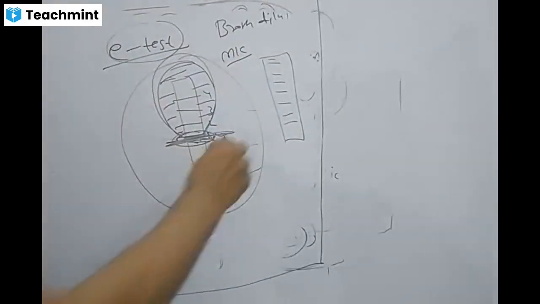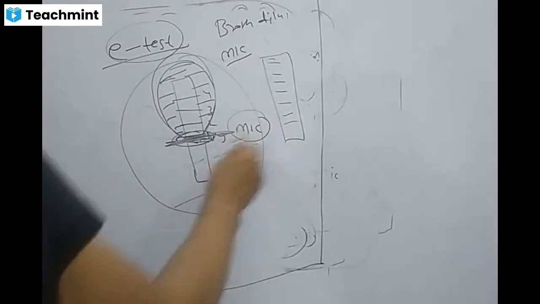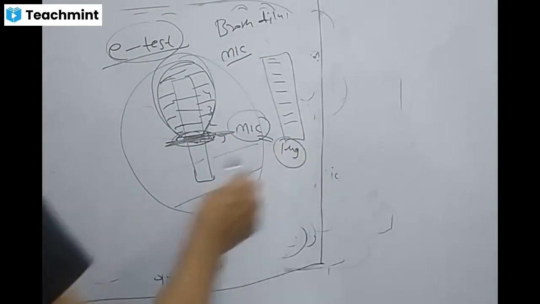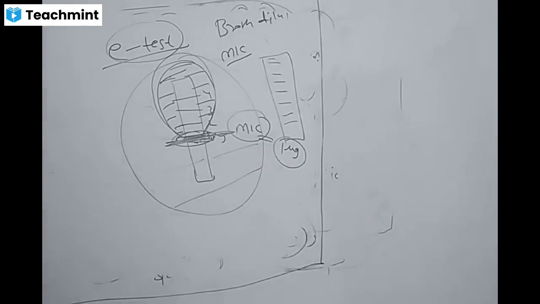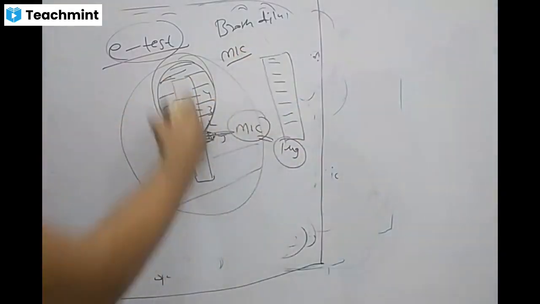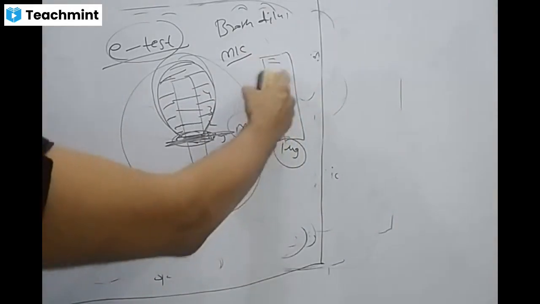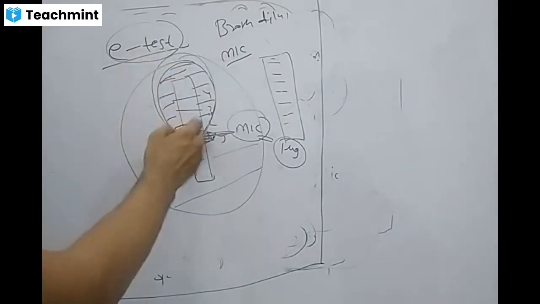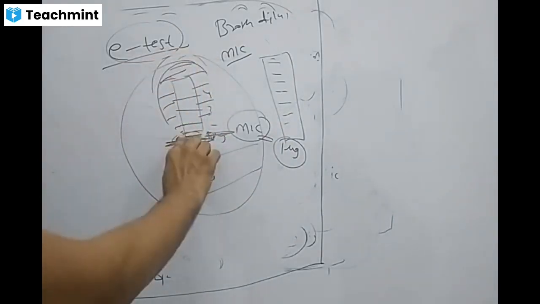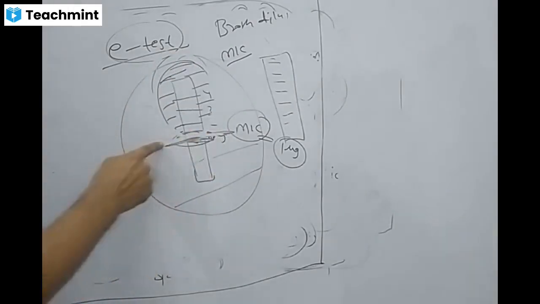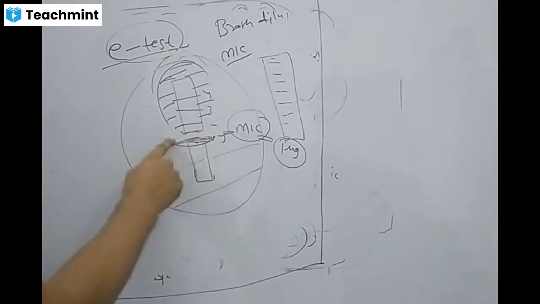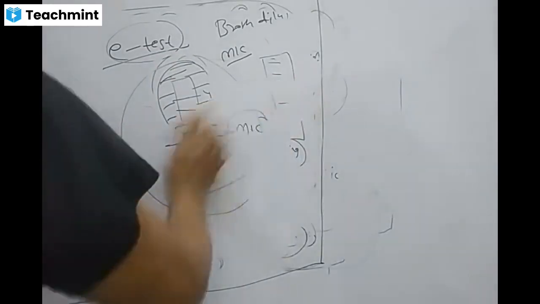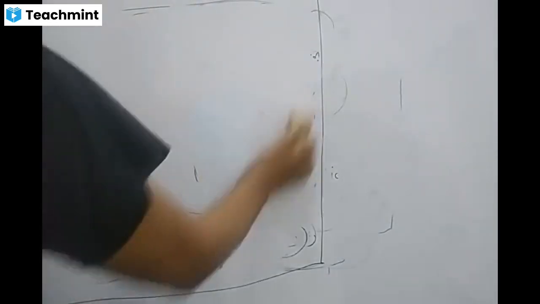Suppose the MIC is 1 microgram. This is a simple E-test where we impregnate a strip with antibiotic; it shows its effect and clears the area, and we measure from which point it started. That will be our MIC. So these were two methods.